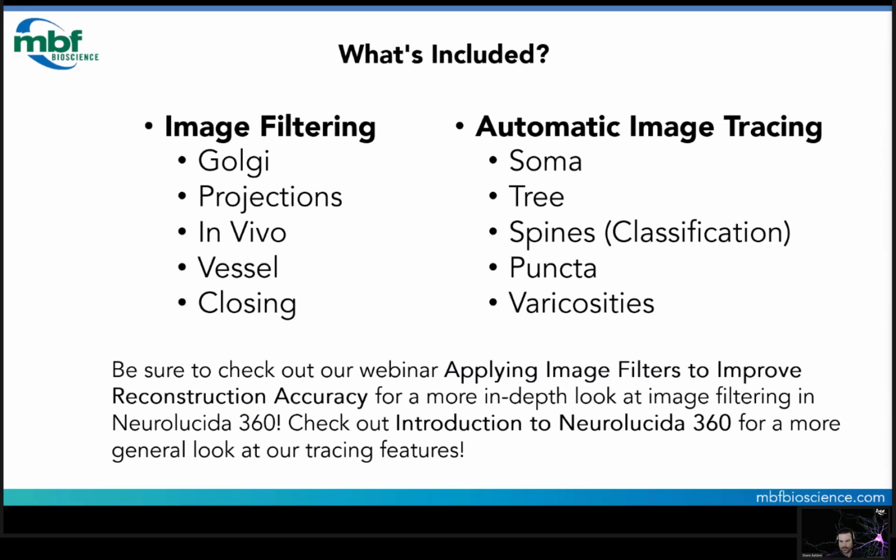And we'll go into a little bit more about what those are in a second. And then we have our automatic tracing settings and methods as well. So we have our soma tracing, our tree tracing, our spine tracing and spine classification, our puncta tracing, and varicosity tracing. So all of this is included in the batch pipeline.